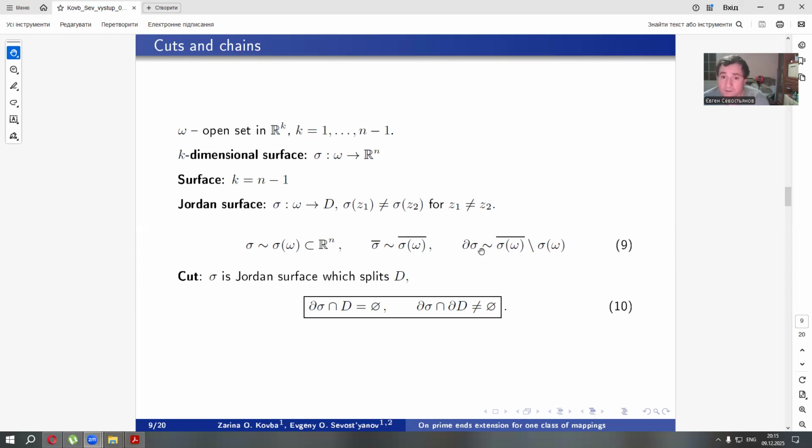And partial sigma denotes sigma-bar without sigma(omega). A cut sigma is a Jordan surface which splits D, so D minus sigma consists of some number of components, more than one. Besides that, relations 10 hold.